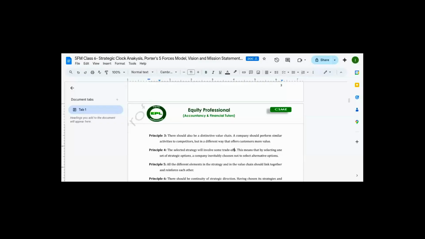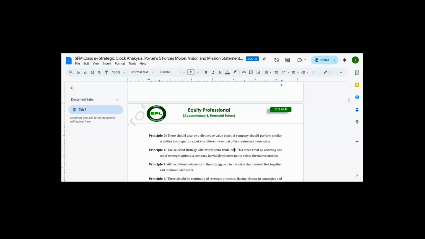Select alternative strategies out of the numerous strategies that will give us competitive advantage, long run return on investment, brand dominance, market dominance, goodwill, and mutually beneficial customer relationships. So we must have a trade-off.